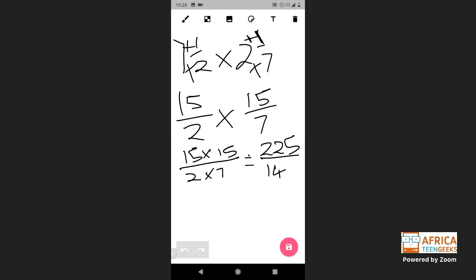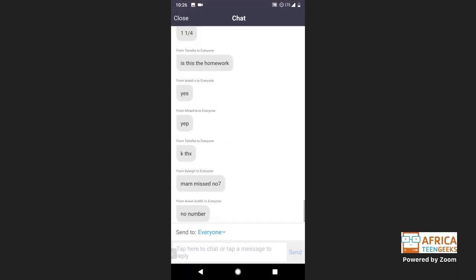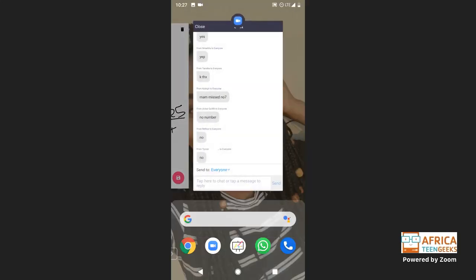If there's no number, there's no number. And then it means we must just make it our mixed fraction, and that will be that, full stop. So is there a highest common factor for those two numbers right here? Can we find it? Yes or no? Let's check. No number.